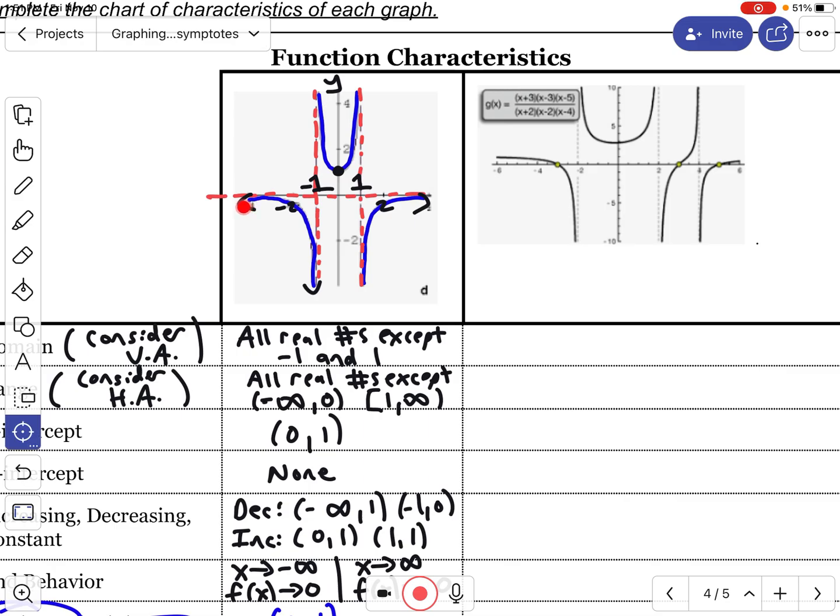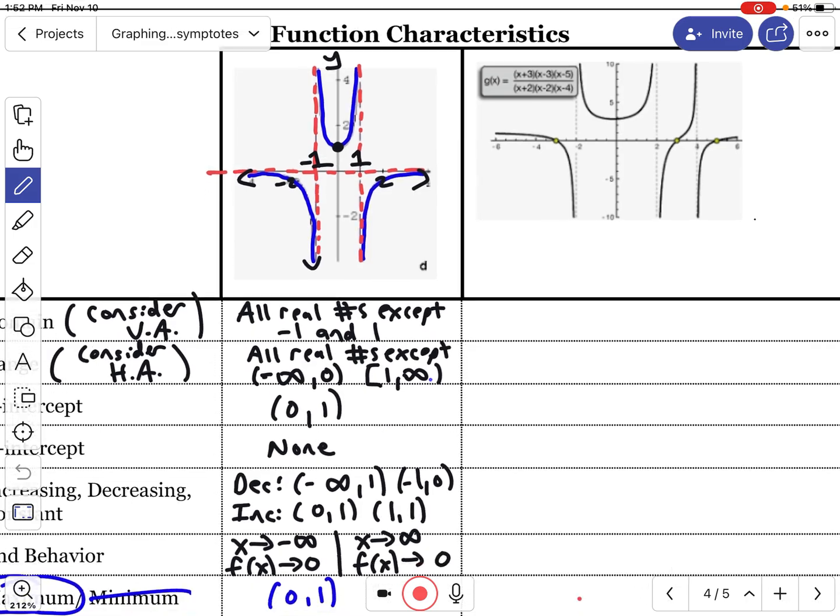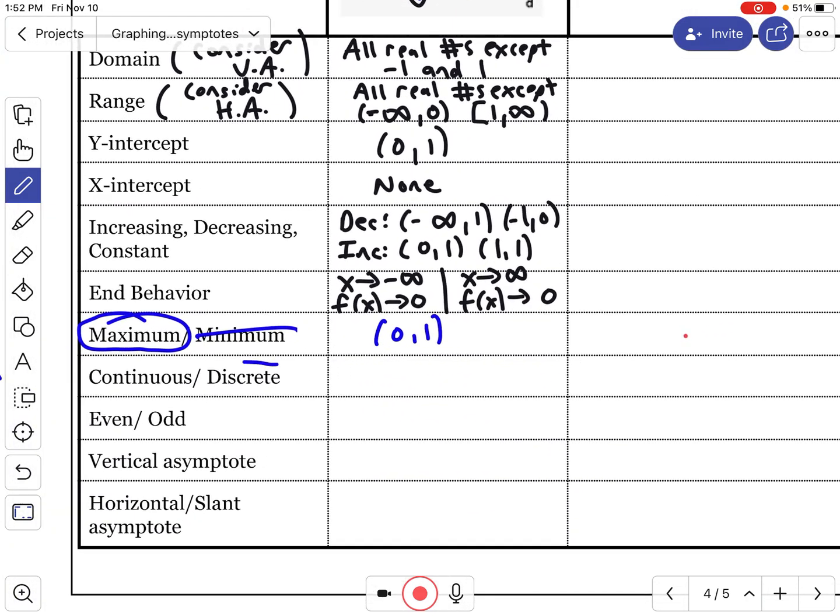So if I were to graph this, I would have to stop here and lift my pencil off the paper to do this. And then this one is a separate graph curve too. So this one I'm not able to trace over the whole thing without lifting my pencil off the paper. So that would be discrete.